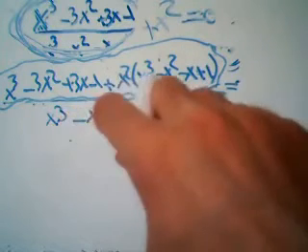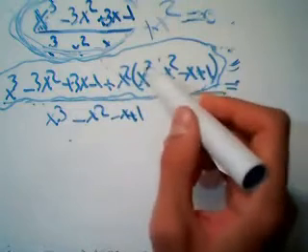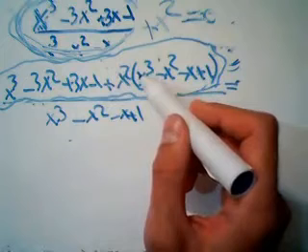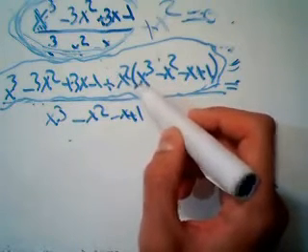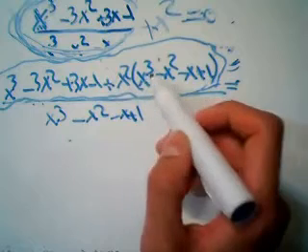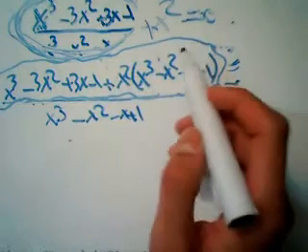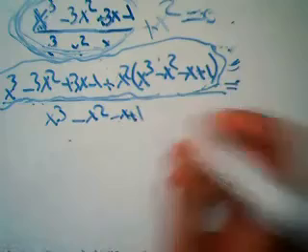If you multiply this by this, that gives you a polynomial of degree 5, and solving it is much harder.